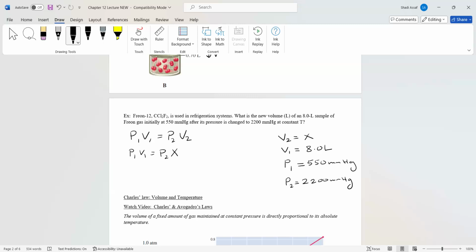And in this case, how we do that in math is we isolate X. So we divide each side by P2. So again, X, which is V2, let's write it down here so we won't forget, is P1 times V1 over P2. Now plug in P1, so it's 550.